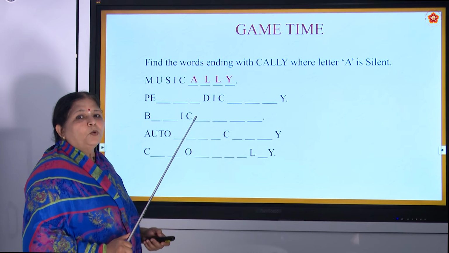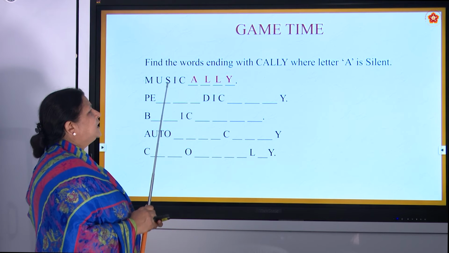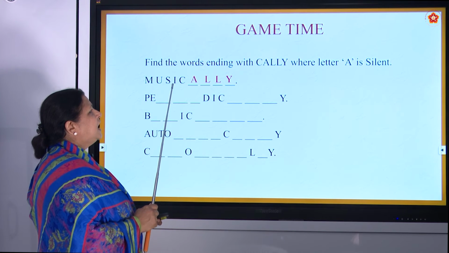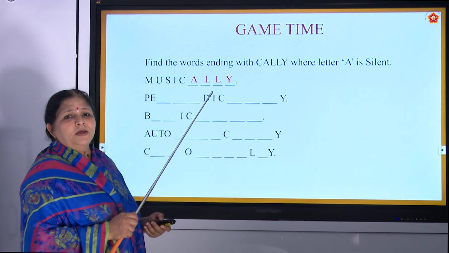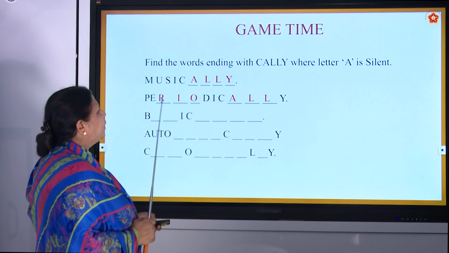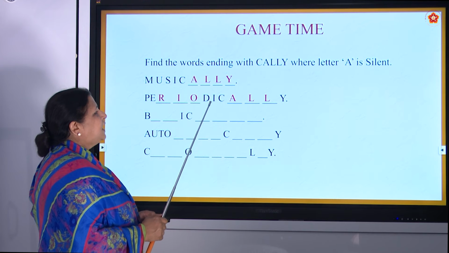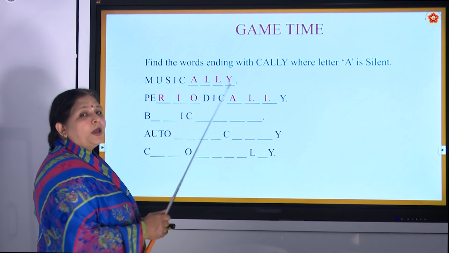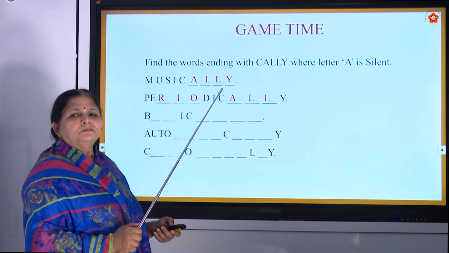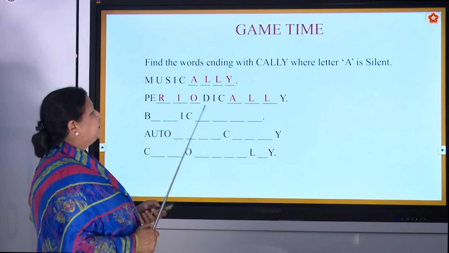Okay. I hope all of you have written. Who has got the first one right, musically? M-U-S-I-C-A-L-L-Y. Very good. Let us see the next word, periodically. P-E-R-I-O-D-I-C-A-L-L-Y. How many of you got it correct? Why did you get it wrong? Okay, you should be careful, child.